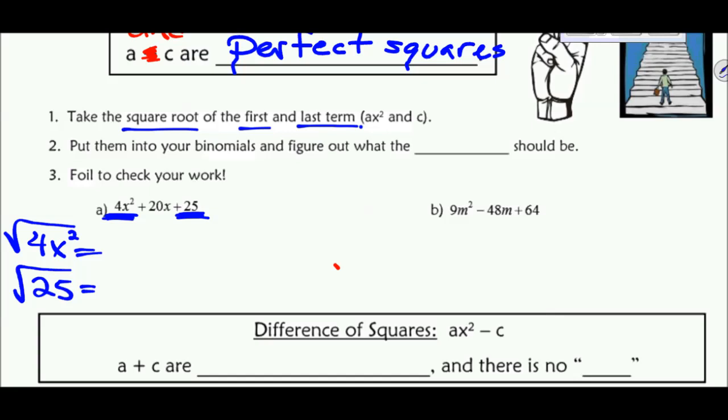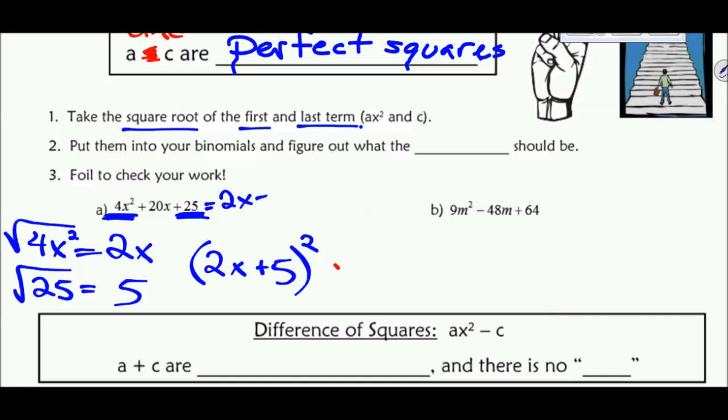What's the square root of 4x squared? 2x. What's the square root of 25? That's going to make up our factor: 2x plus 5. And the other one is going to be another 2x plus 5, but I'm not going to write that. I'm just going to say it's 2x plus 5 squared. Those are the exact same thing. That's the answer? That is the answer.